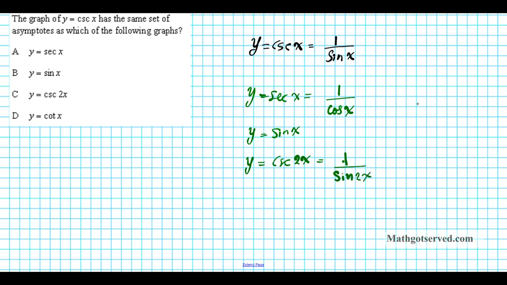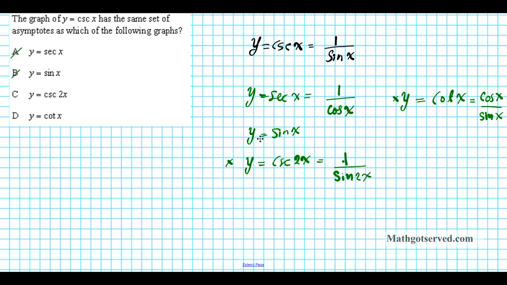And then last but not the least, option D, y is equal to cotangent x, is equal to cosine x over sine x. Okay? So this one and this one, they both have a sine in the denominator, so we know it can be C or D.